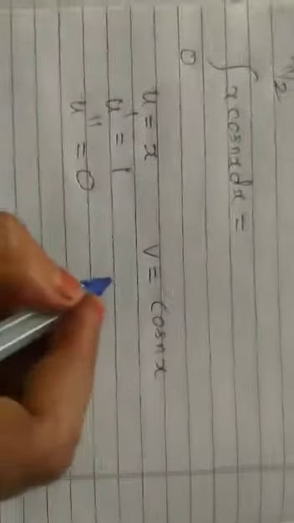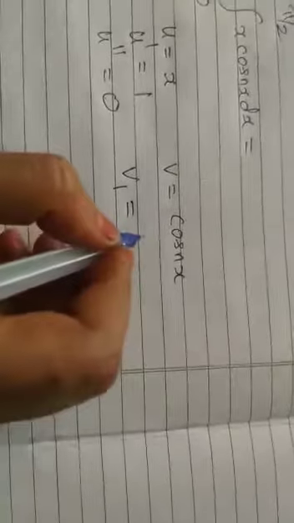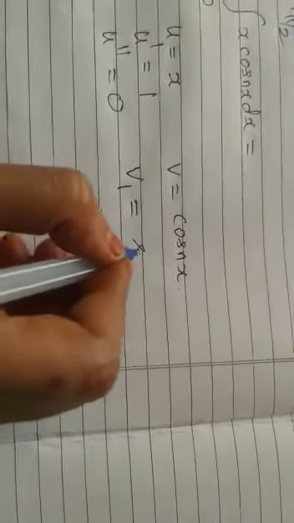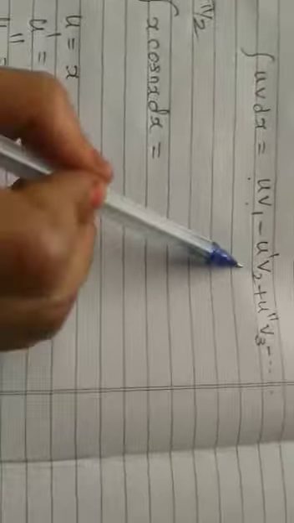For v1, integration of cos nx is sin nx divided by n. So the formula is u v1 minus u dash v2. So u dash is 1, and we have to find v2.